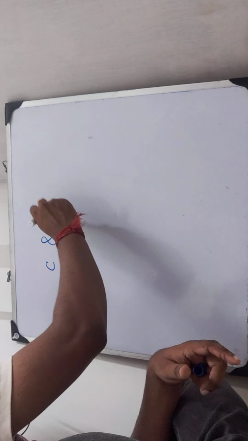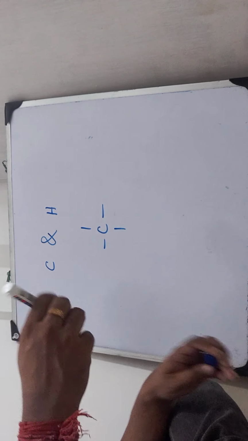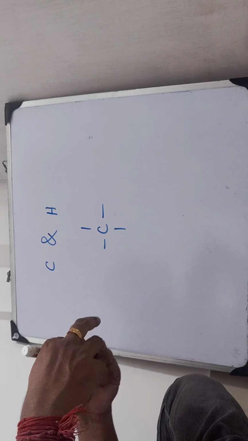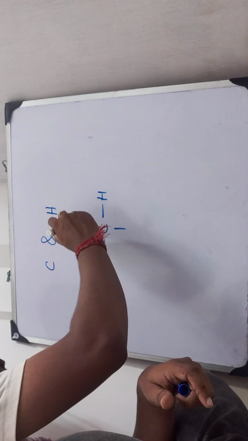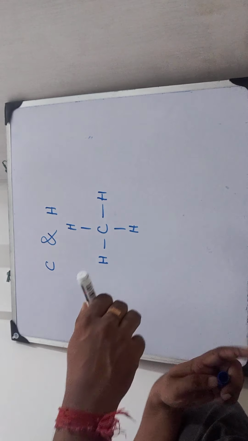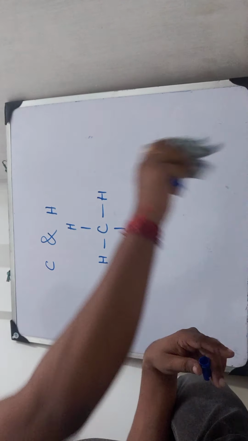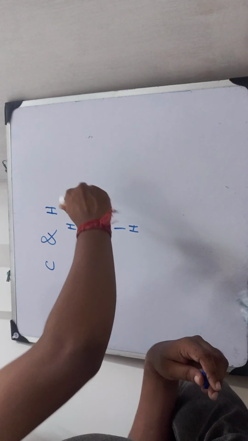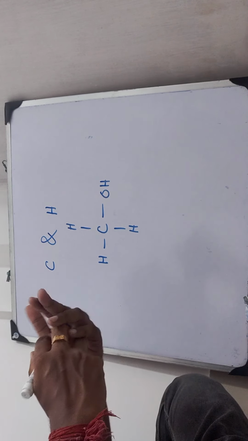See, most of the organic compounds are made up of carbon and hydrogen, and you know carbon can form 4 bonds at a time. Why? Because it is tetravalent in nature. It can also happen that all the hydrogens are bonded with a single carbon. It can also happen that 3 hydrogens are present and 1 OH is there. So in that way we will represent the organic compounds.